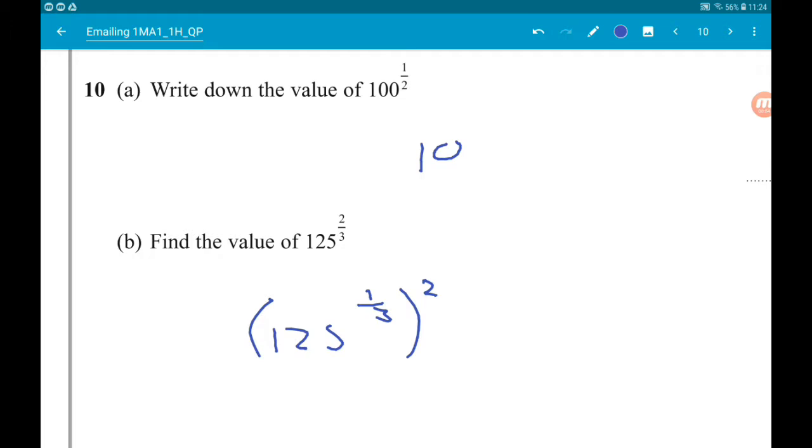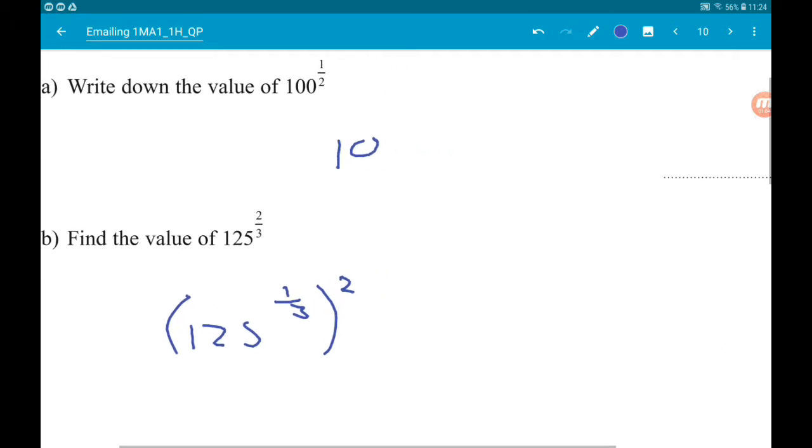The powers on opposite sides of brackets multiply together. So 125 to the 1/3 means the cube root of 125, which is 5. So we have 5 squared, which is 25.